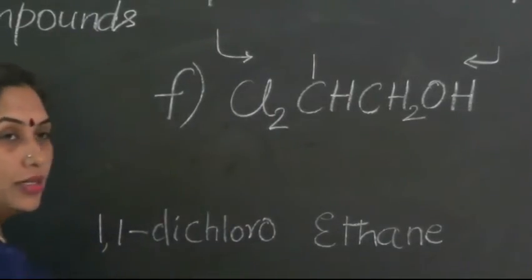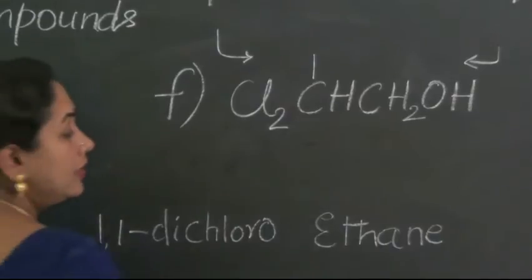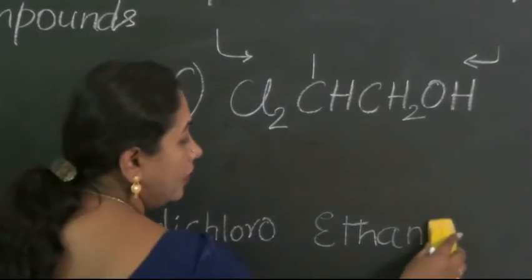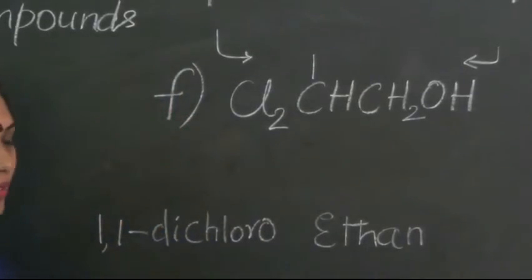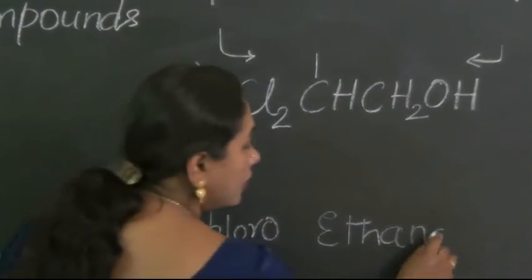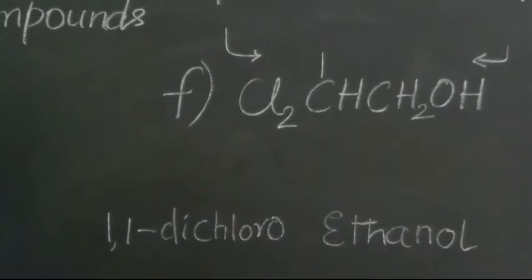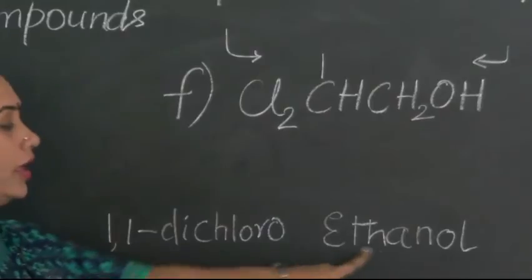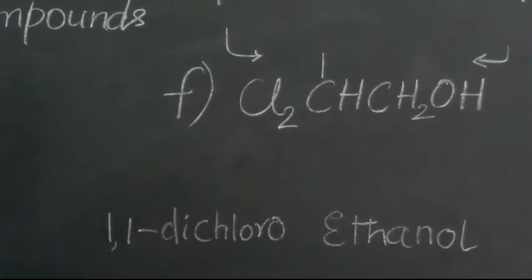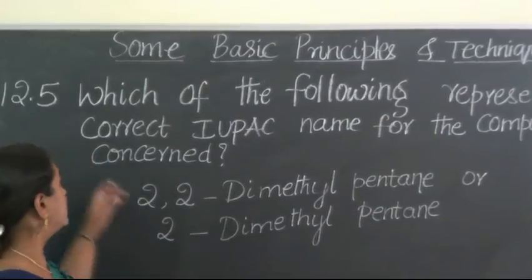Secondary suffix is written by replacing the E with the term OL. So the name of the given organic compound would be 1, 1 dichloroethanol. Let us take up the next question.